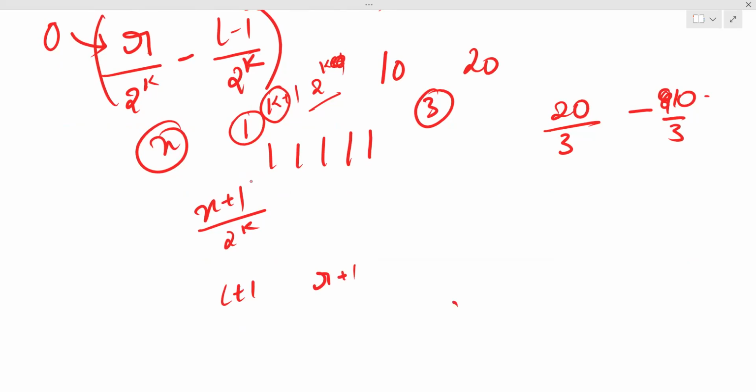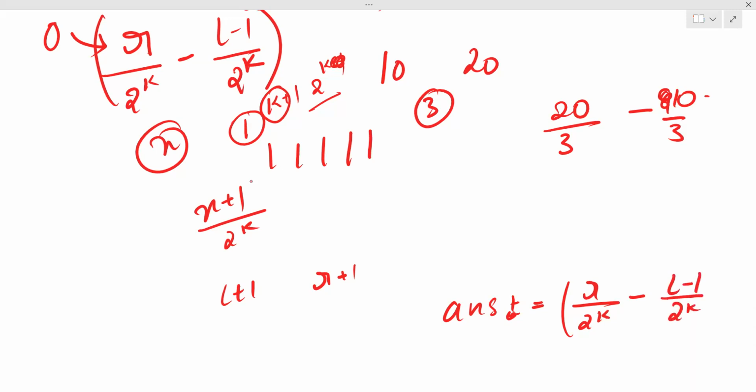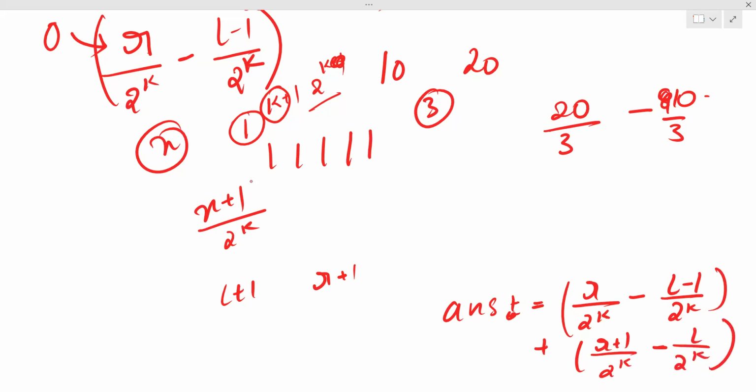So first add to your answer: answer plus equals R divided by 2 to the power k minus L minus 1 divided by 2 to the power k, and then add R plus 1 divided by 2 to the power k minus L divided by 2 to the power k. If you add these to your answer, you'll get your final answer.